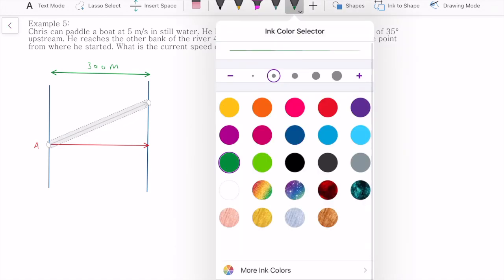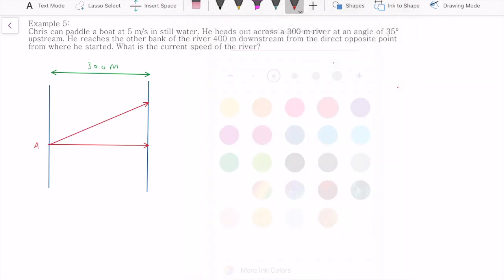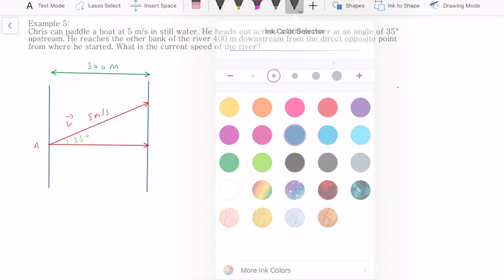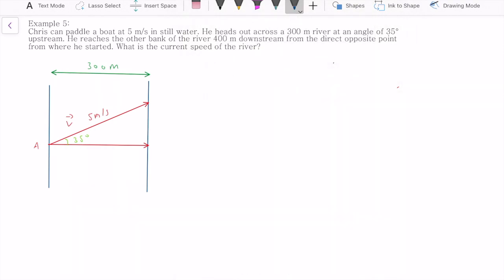and the angle is 35 degrees upstream. And it says that he can paddle 5 meters per second. So this is his velocity. And we don't know the current, which is downstream. The current should be going here.